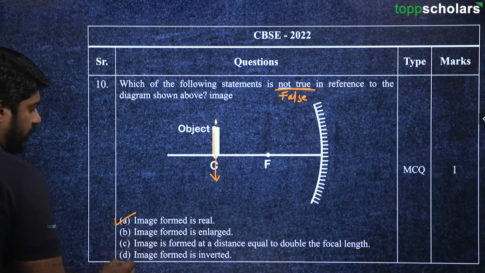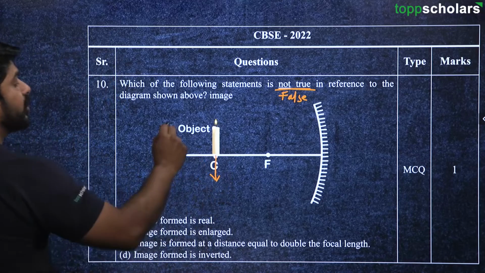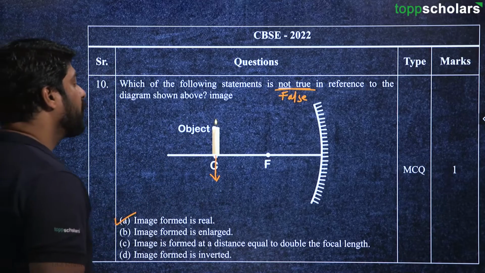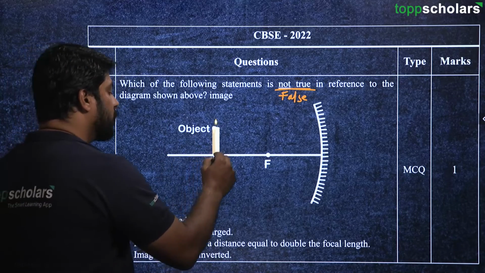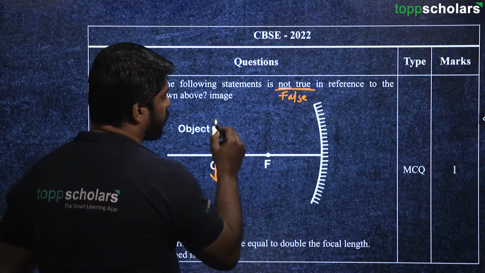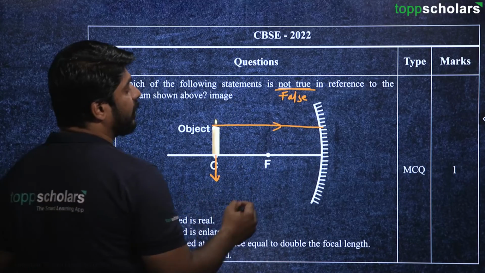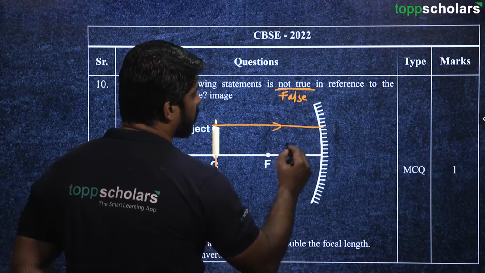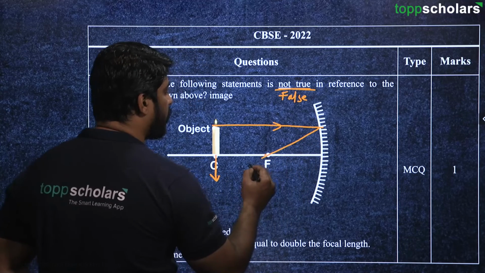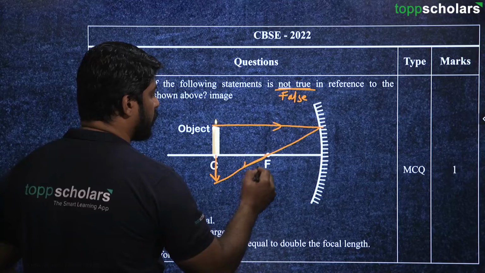Okay, then image formed is inverted. Okay, so as we know in this case, the image formed is generally inverted. Okay, or actually it is inverted. So we can trace also. If you first take the ray which is parallel to the principal axis, it will always pass through F, is it? And after passing through F, it will go like this.